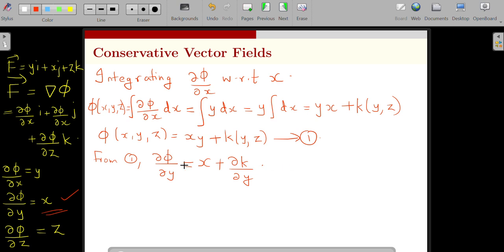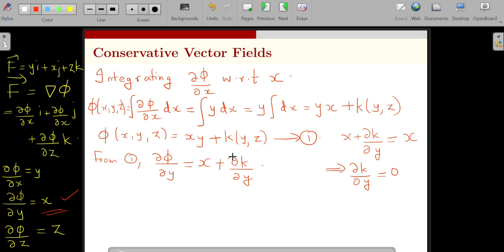So we equate these two terms. So we obtain x plus dou k by dou y is equal to x. So from this you obtain dou k by dou y is equal to 0. That is, the derivative of the function k with respect to y is equal to 0.